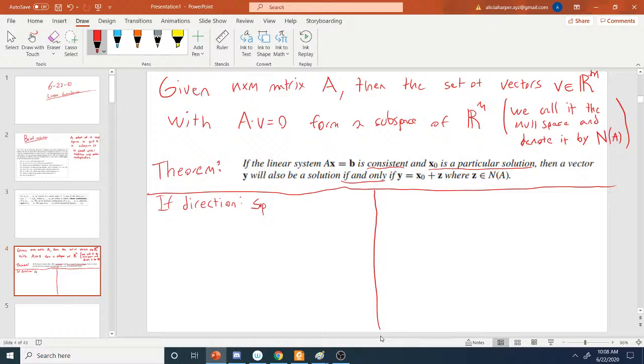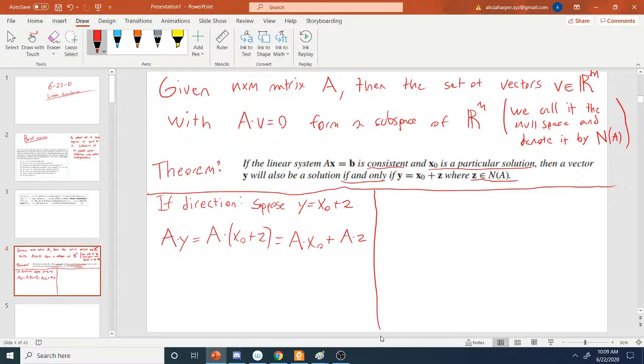Suppose y is equal to x naught plus z, where z is in the null space. Then the matrix A applied to the vector y is the same as the matrix A applied to x naught plus z, which by linearity of matrix multiplication is the same as A applied to x naught plus A applied to z.